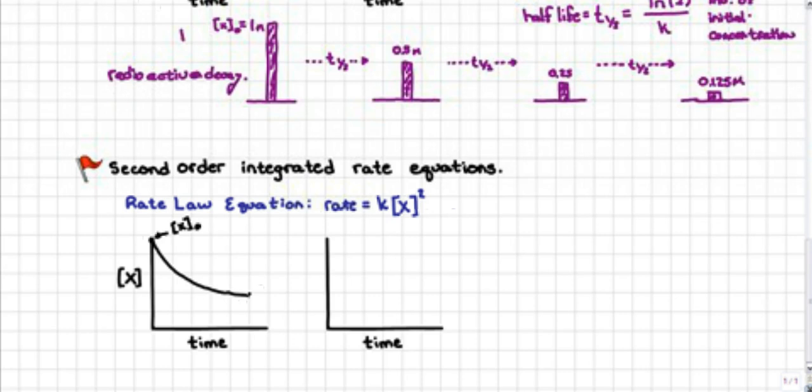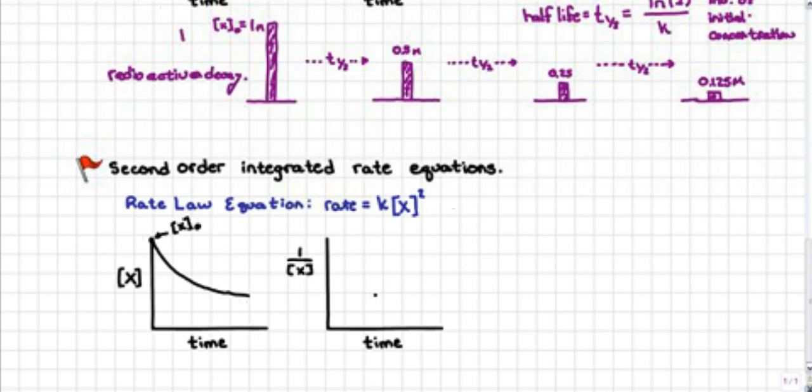We're hoping to have straight line behavior because from a straight line, we know that we can derive some important information. And so the question is then, in this case, what do we graph to obtain a straight line? For second-order integrated rate equations, it turns out that what we need to graph is the reciprocal of the X concentration versus time.